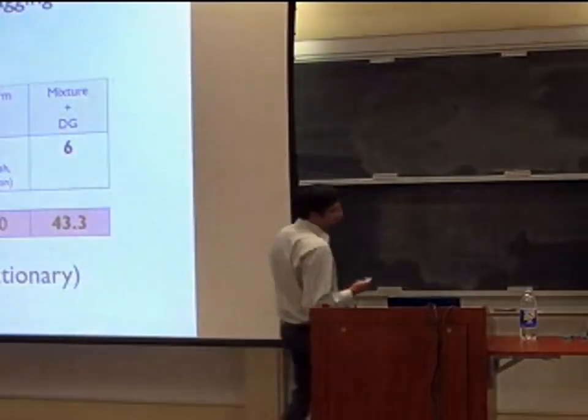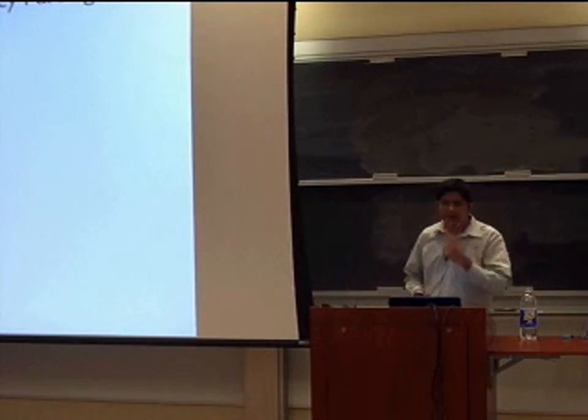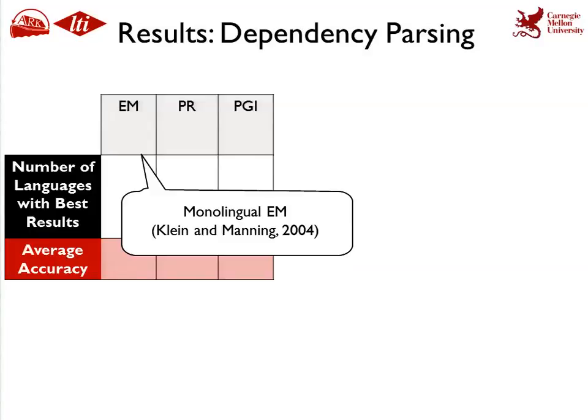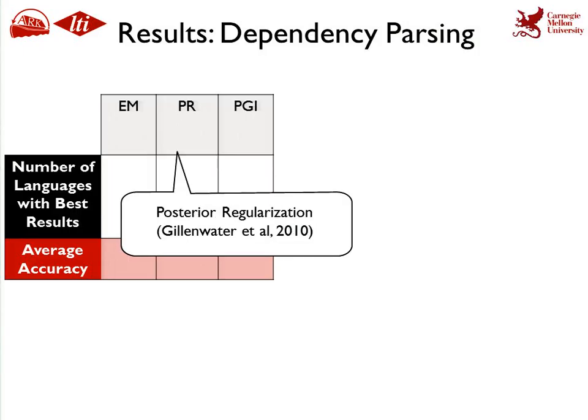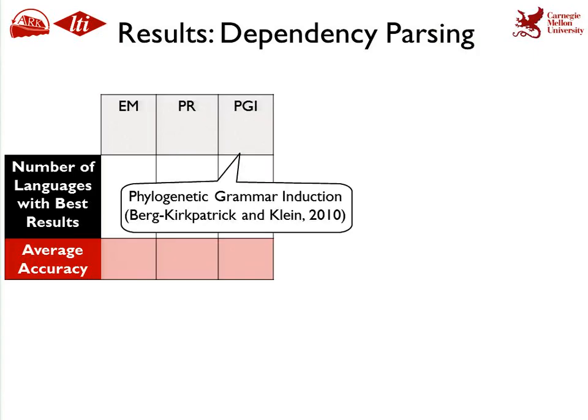In terms of dependency parsing, results are much better. We have 3 strong baselines: the monolingual EM baseline from Klein and Manning; posterior regularization, which is a weakly supervised method; and phylogenetic grammar induction, which does grammar induction together over a phylogenetic tree. We have 4 versions of our model.